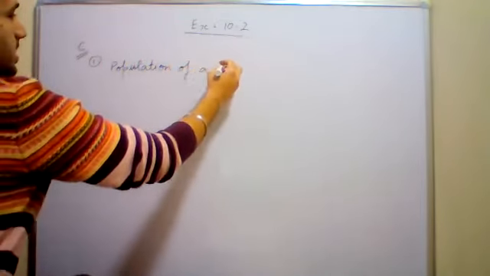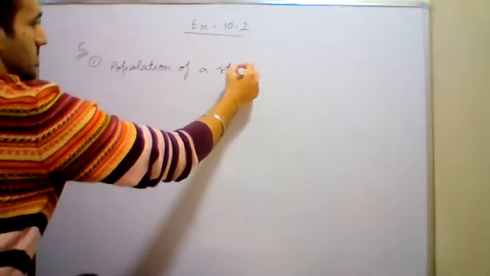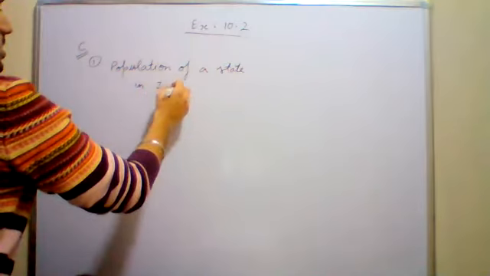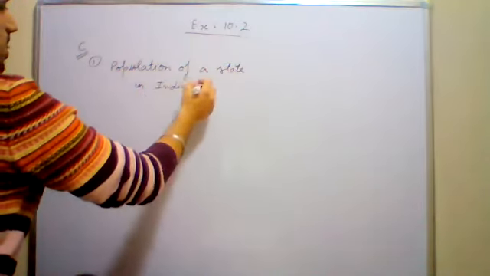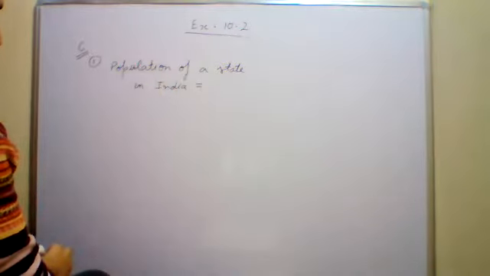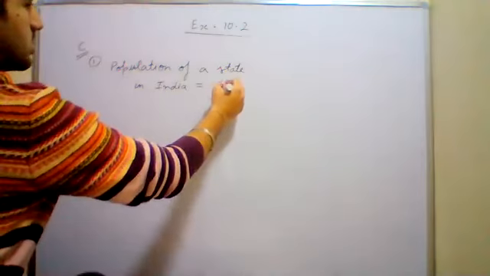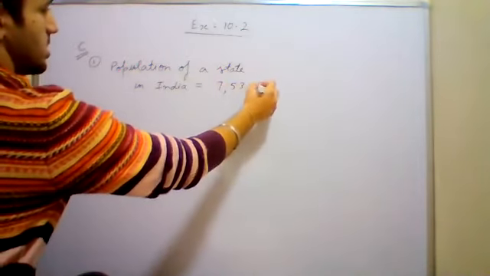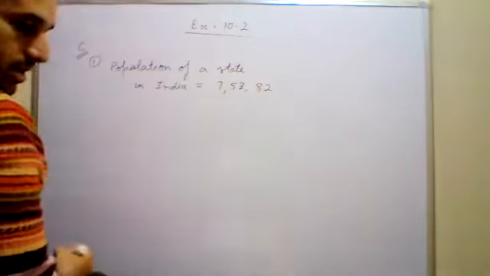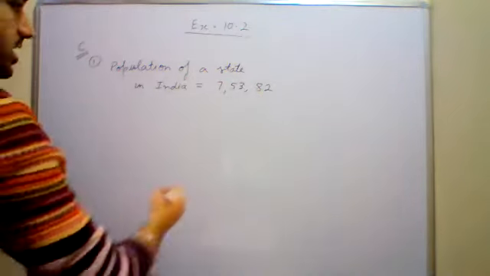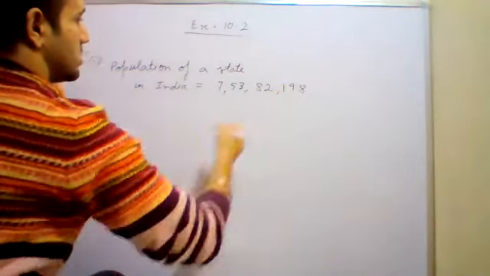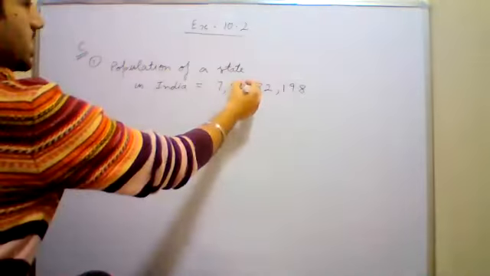What is the population given? It is given 7 crore 53 lakh 82,000 198. This is the population of a state in India.